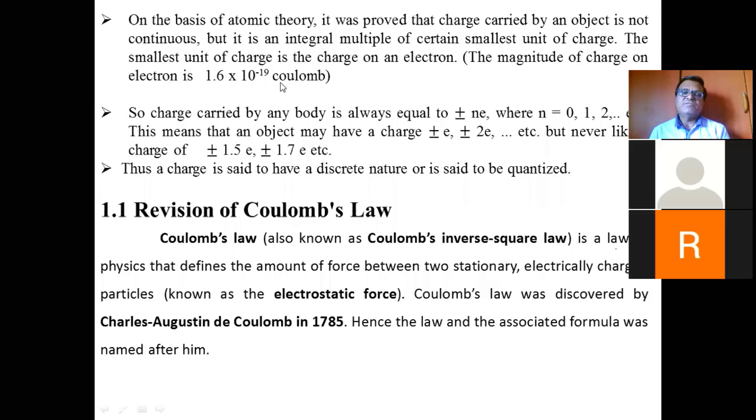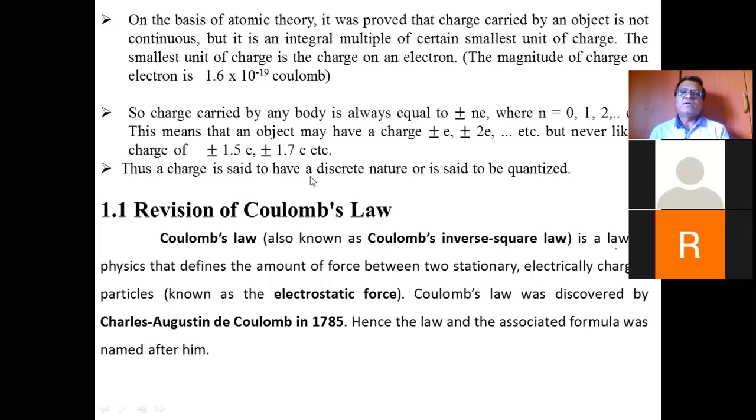This is the smallest unit of charge. On any object or body, the charge is always equal to plus or minus n into e, where n is the number of extra electrons or protons. Suppose there are two more protons than electrons, then the charge is 2 into 1.6 into 10 raised to minus 19 coulomb.